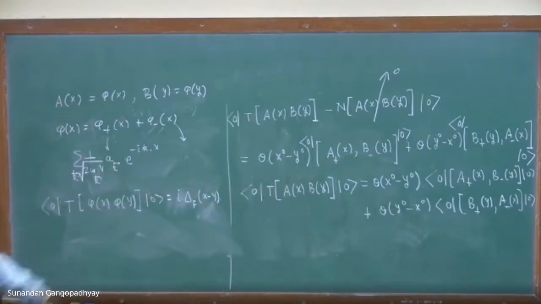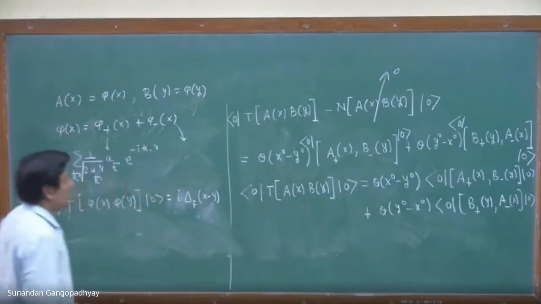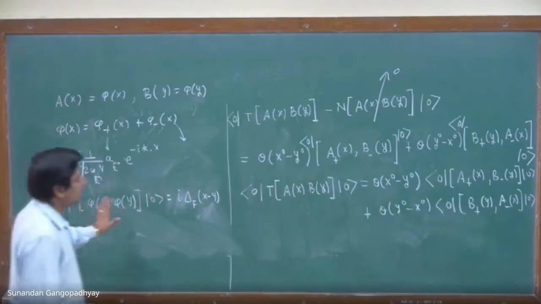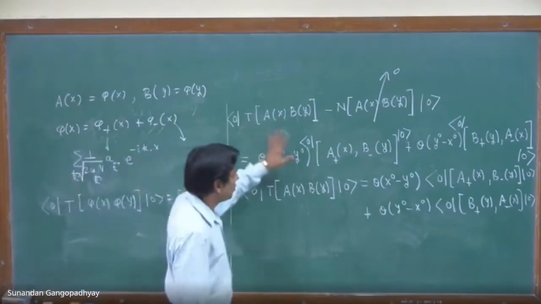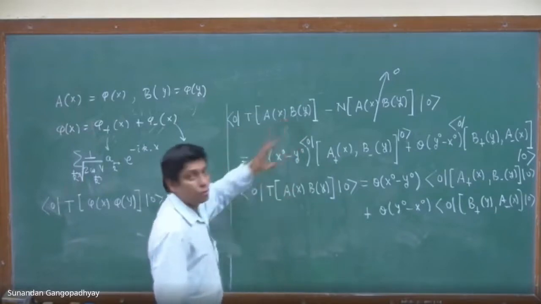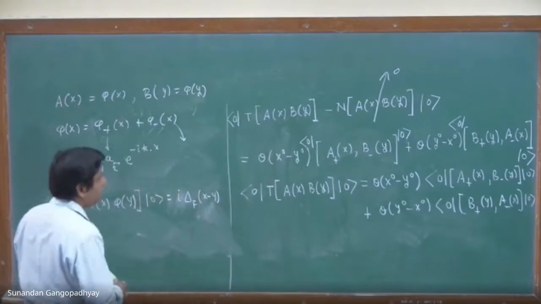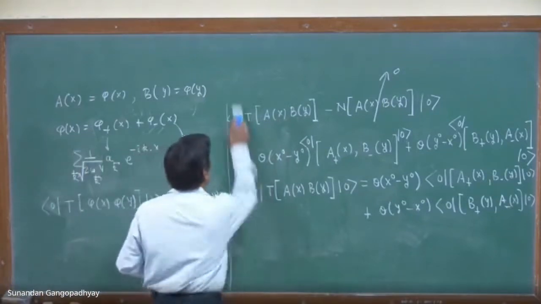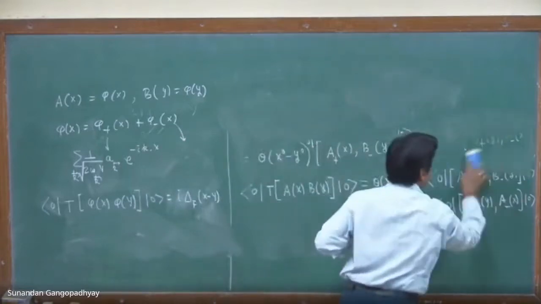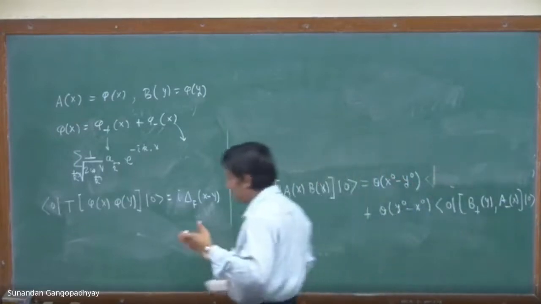So what we have done is we have looked at Wick's theorem for a string of two operators. But let me do one more thing. We have already seen that the time ordered product of two operators minus the normal ordered product of two operators is basically a commutator.